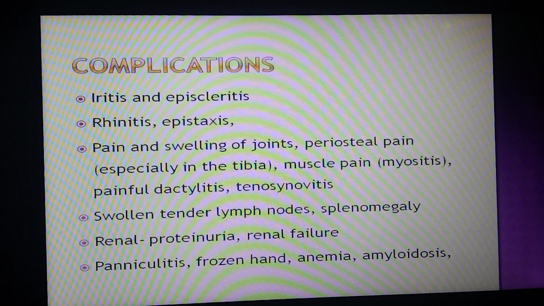Muscle pain we call myositis, then painful dactylitis and tenosynovitis, swollen tender lymph nodes, lymphadenomegaly, renal involvement with proteinuria and renal failure, epididymitis, frozen hands, then anemia. Later, the complications will be amyloidosis.